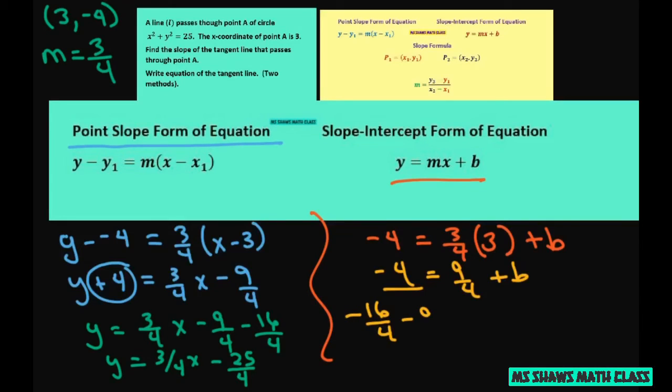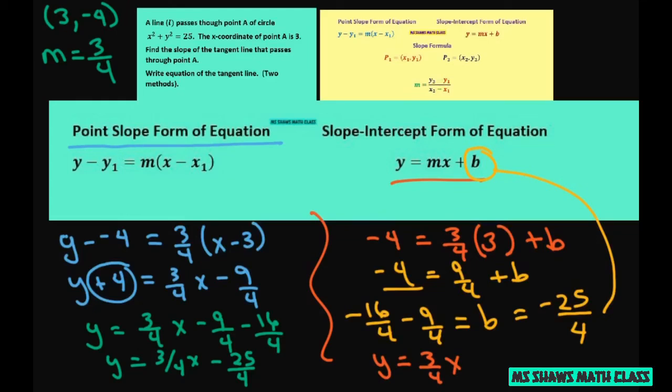Subtract the 9/4 equals b. So b is -25/4. And you're going to plug that into your b and write this out. So you're going to get y equals 3/4 x minus 25/4. Now these two should match, and they do, so it just depends on which way you like to do it.